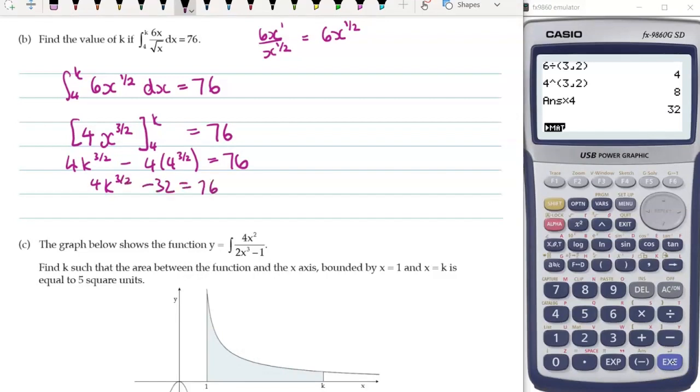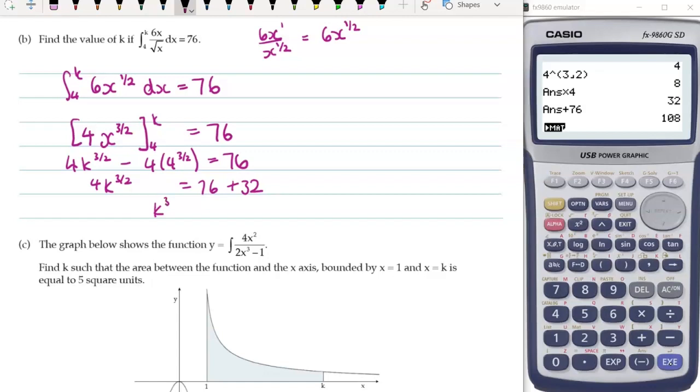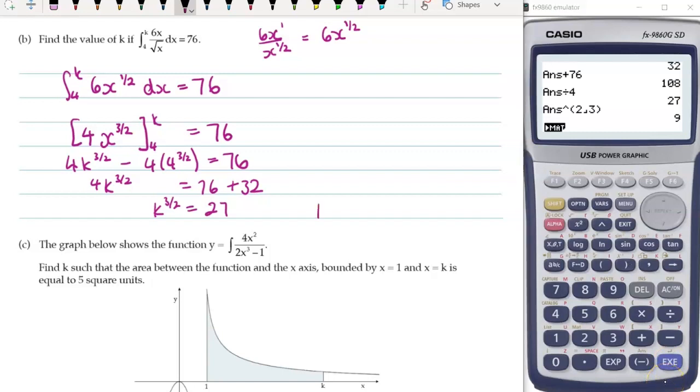So if I take the 32 over here, we can add it on like so. So 32 plus 76 is then 108. So k to the 3 over 2 is 108 divided by 4, which is 27. Now we do it to the power of 2/3 to undo where we've got a power of 3 over 2, and k equals 9.